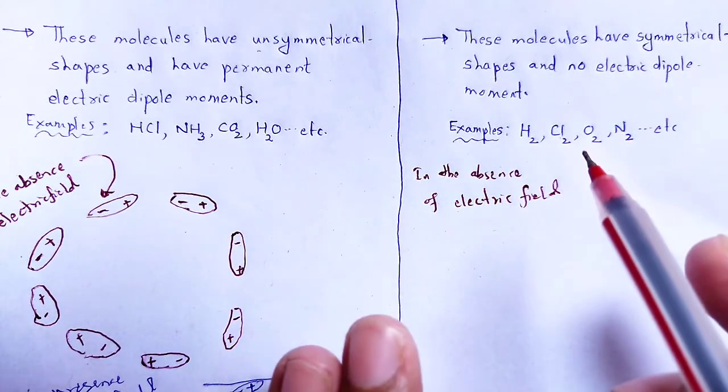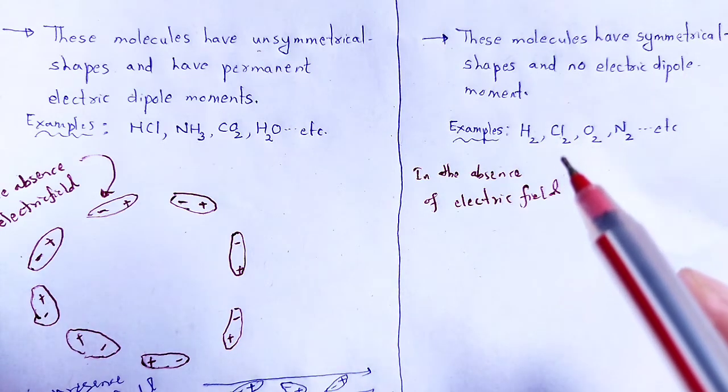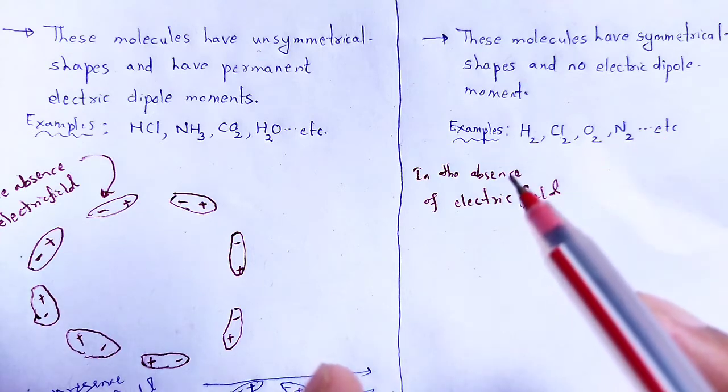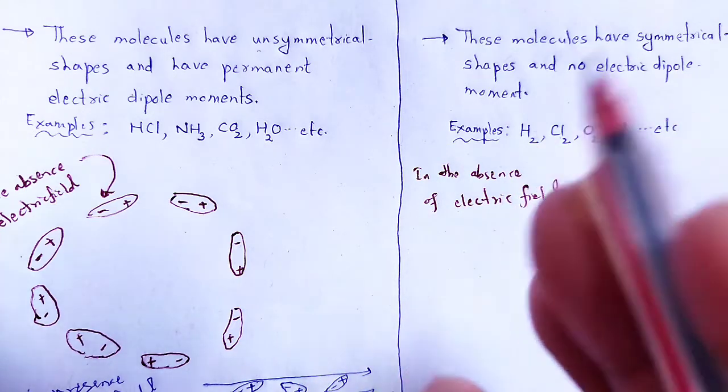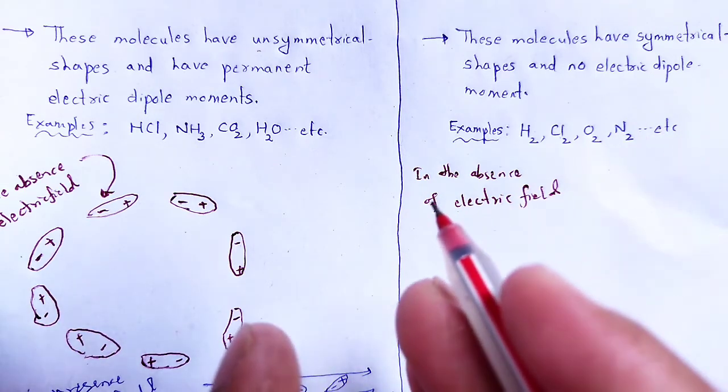All the positive charges in the molecule experience force in the direction of the field, and all the negative charges, meaning the electrons, experience force in the direction opposite to that of the electric field.